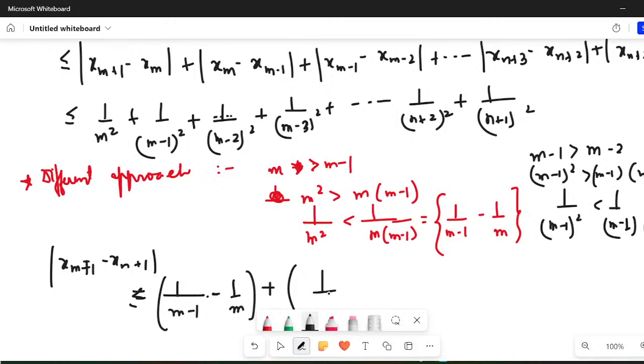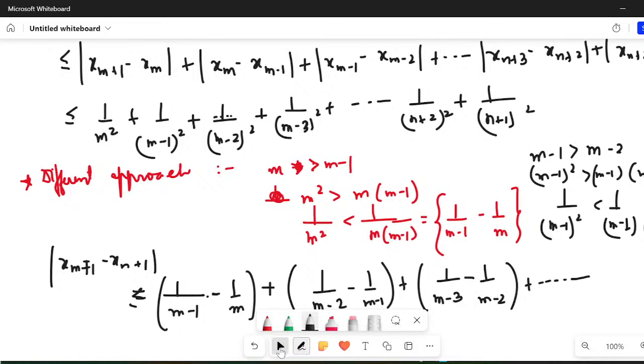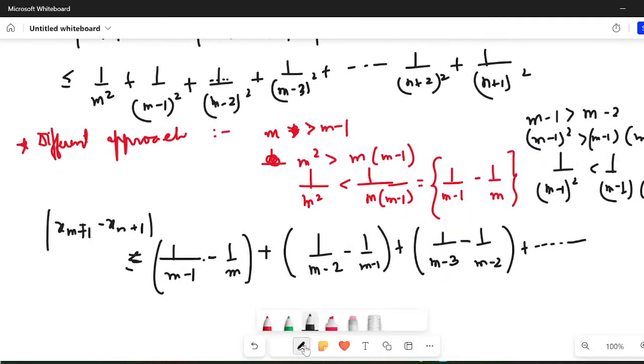So what I will get is 1 upon m minus 2 minus 1 upon m minus 1. Then certainly it's quite easy to see that it will be 1 upon m minus 3, this would be 1 upon m minus 2, and additionally I'll let it go all along.